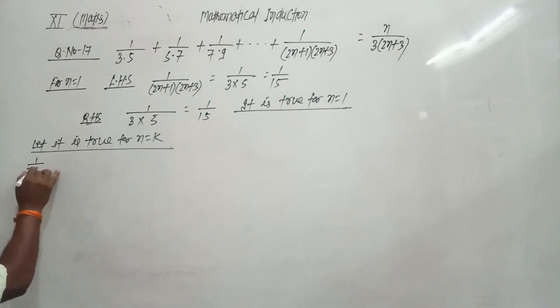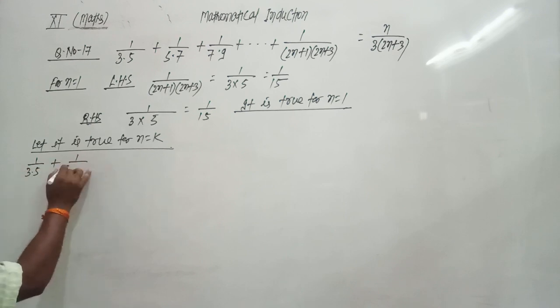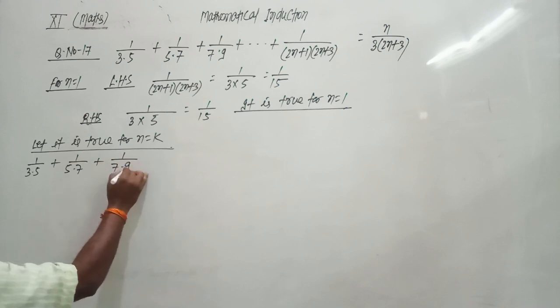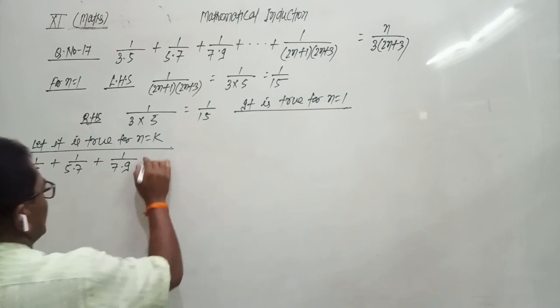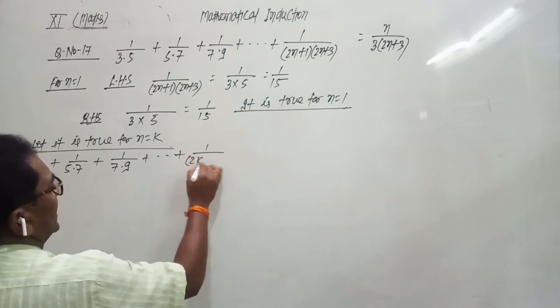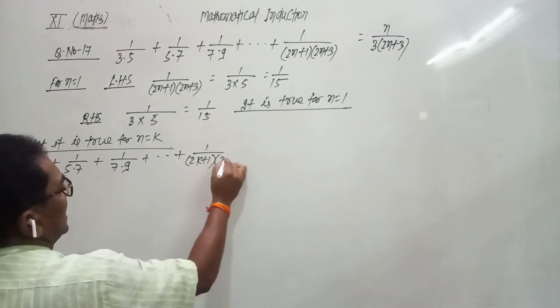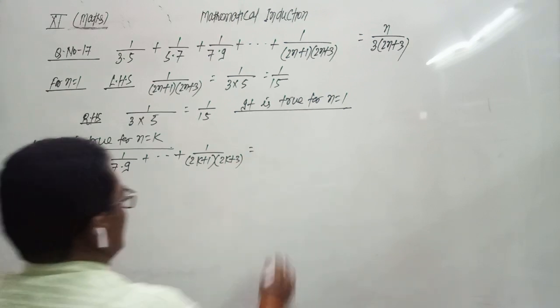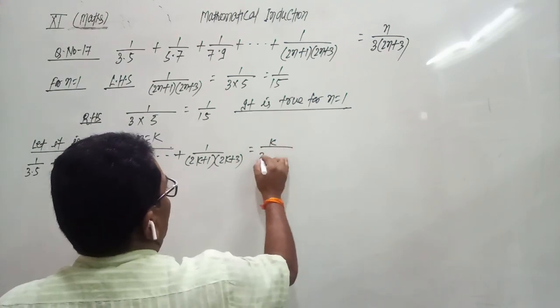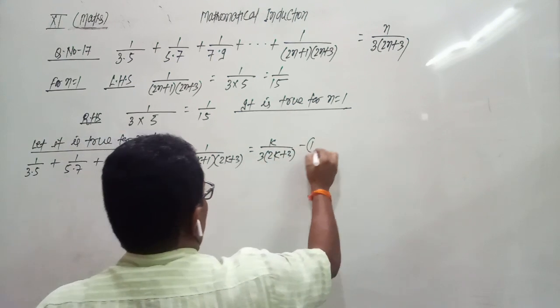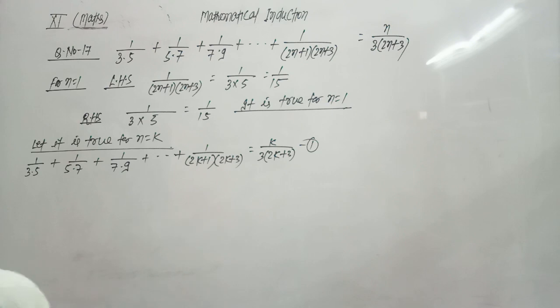So 1 upon 3 into 5 plus 1 upon 5 into 7 plus 1 upon 7 into 9 plus 1 upon 2k plus 1 and 2k plus 3 equals to k upon 3 into 2k plus 3. I name it first number equation.